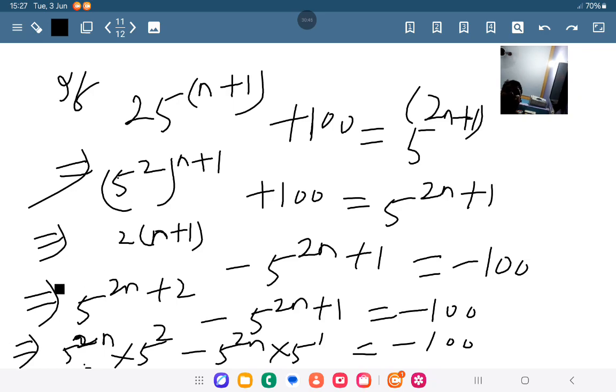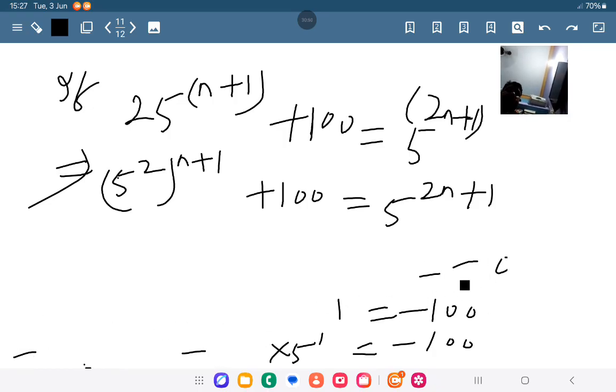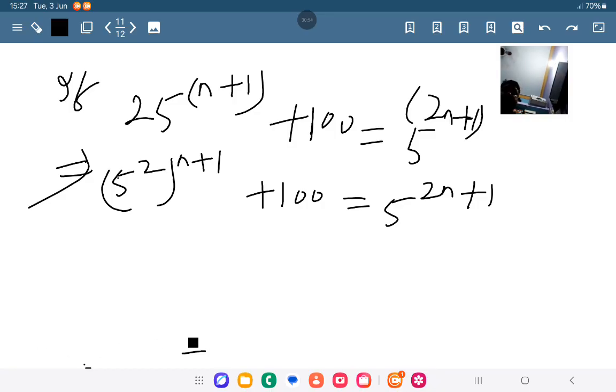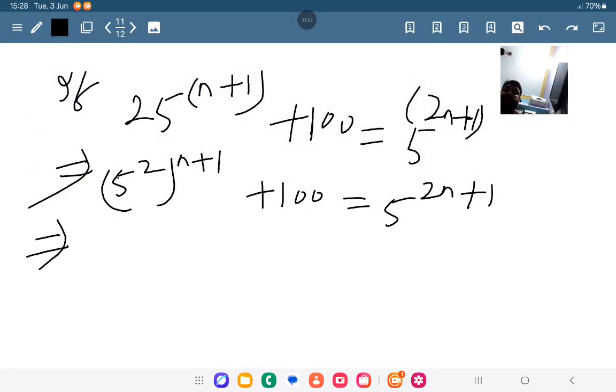Up to this it's okay. Now, just look here. This implies 100 is equal to... just take this from the left hand side to the right hand side.